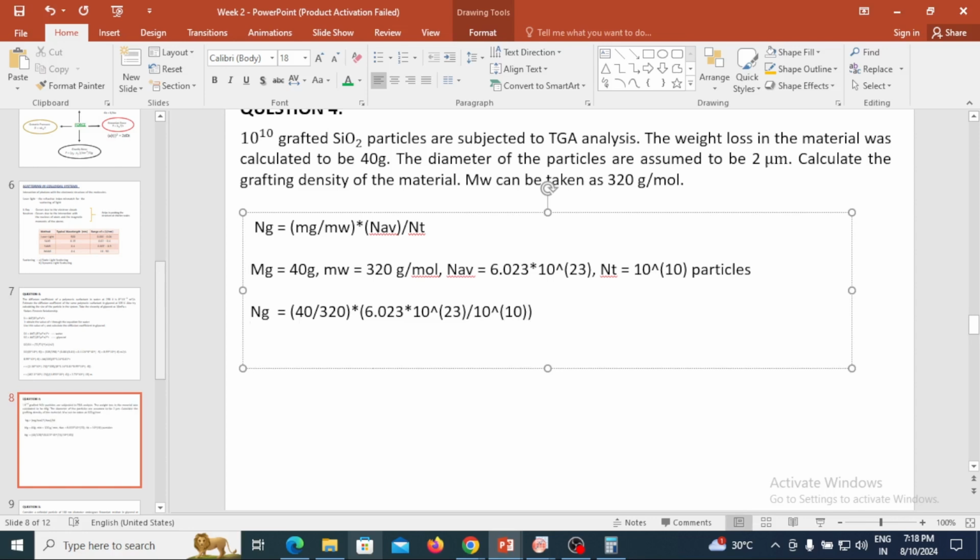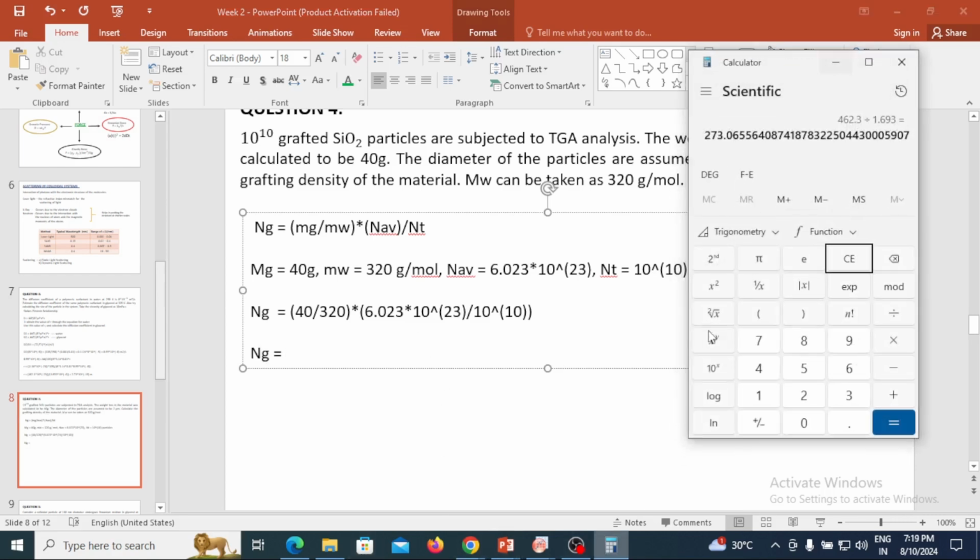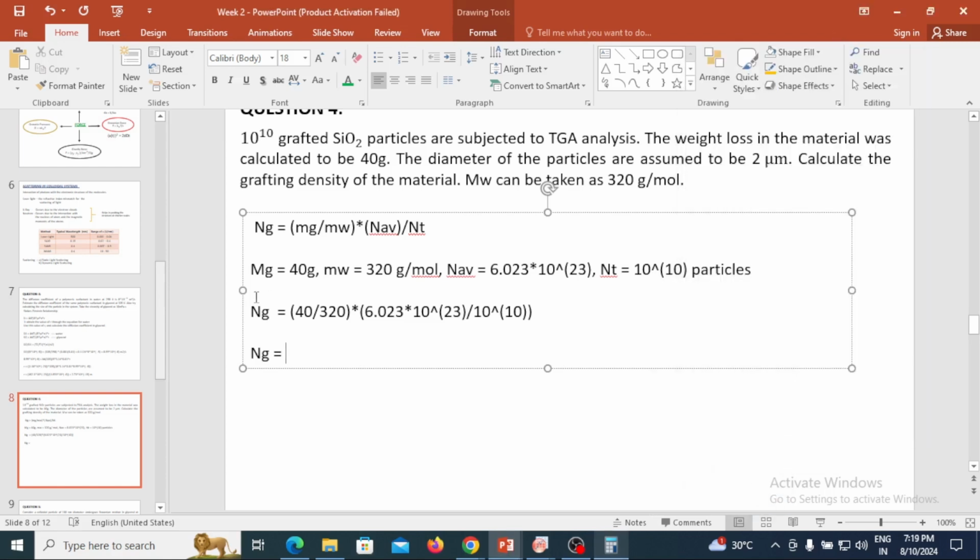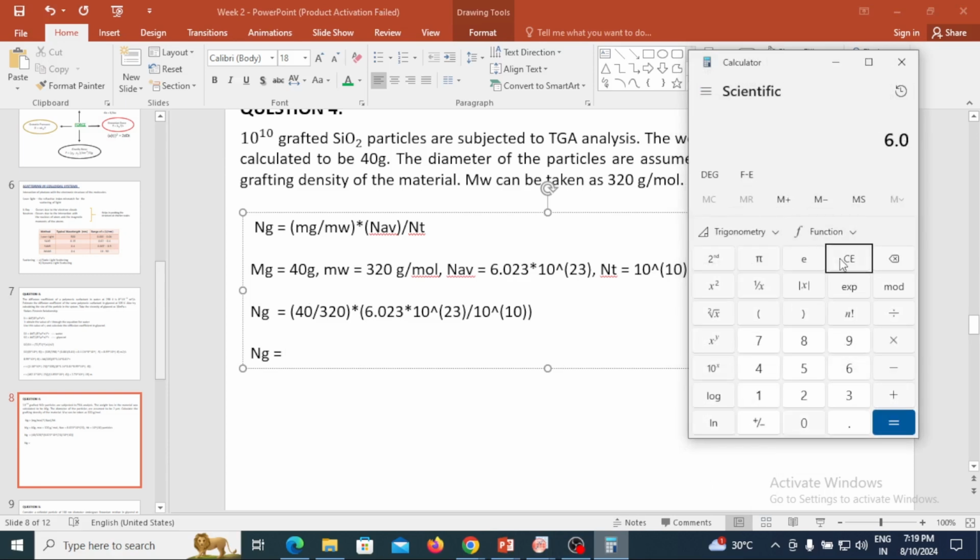So it's just now about the role of calculator. Then you can calculate the value of Ng. So 40 by 320 is 1 by 8, so it will be 6.023 divided by 8 times 10 to the power, 0.752.